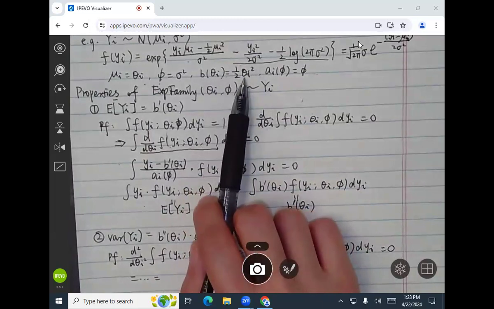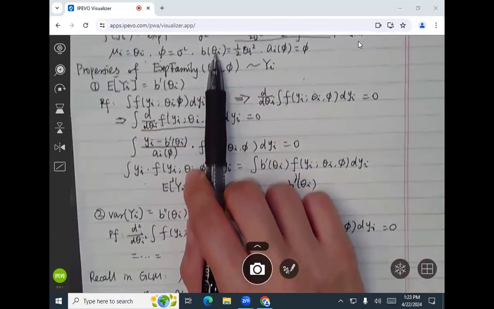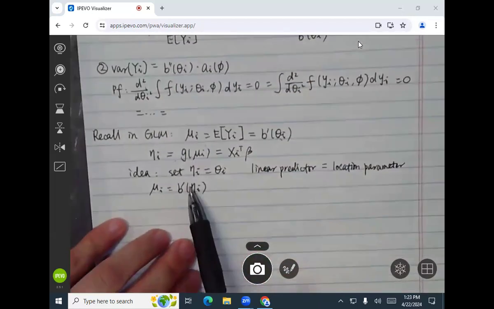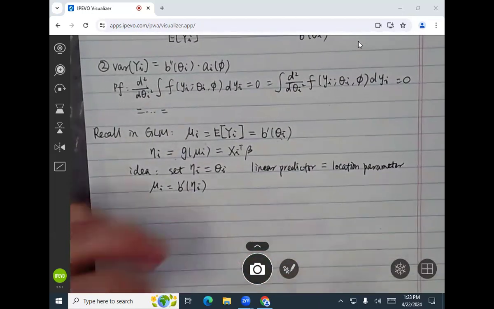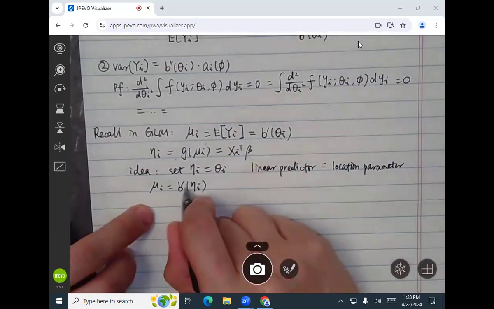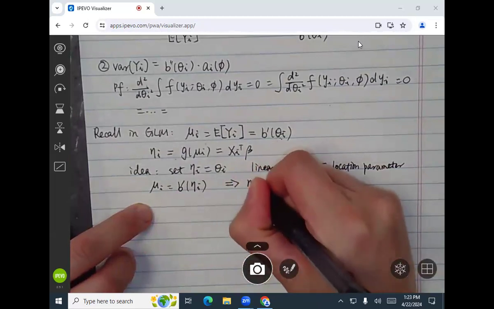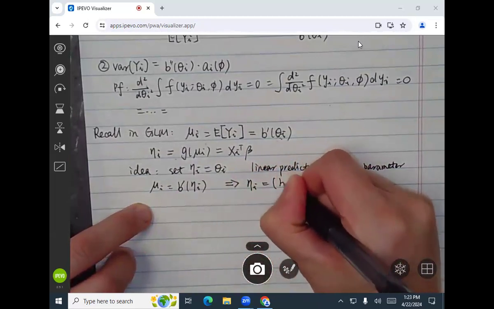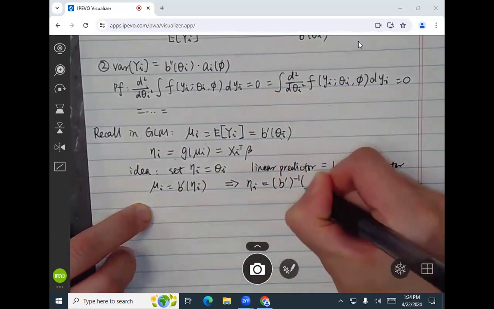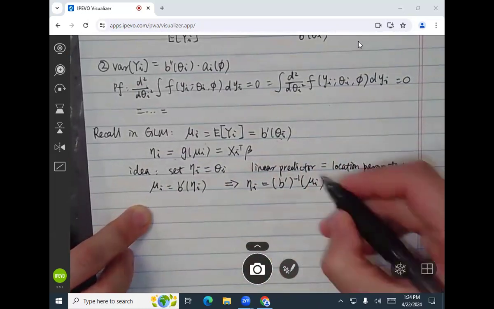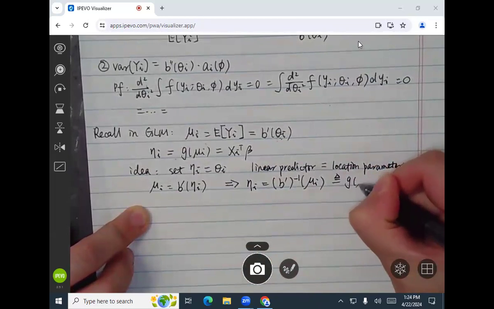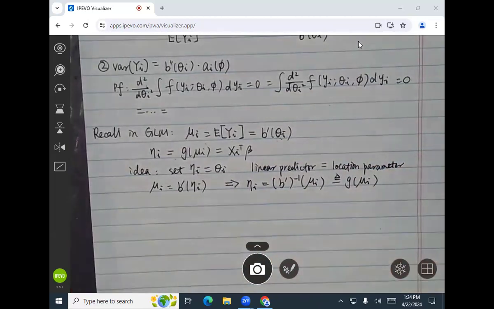So for each specific distribution, you know the form of your b, and therefore the form of your b prime. So with this, you can directly say, I can just find the inverse of b prime so that eta I is just the b prime inverse of mu I. And I define this to be my g of mu I. So in this case, the link function is defined as the inverse of b prime. And this is called the canonical link function.